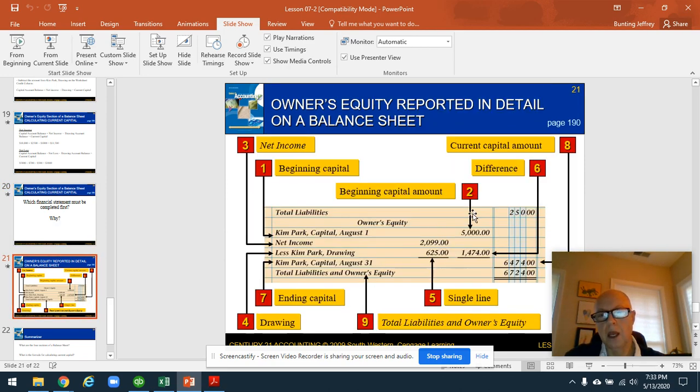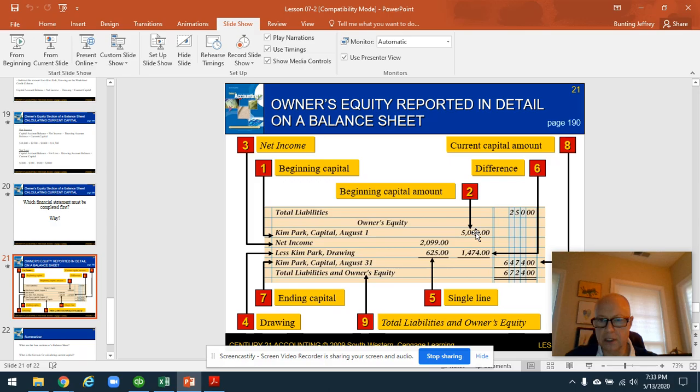All right. So again, here's the owner's equity report, and this shows the math. If you think you're gonna get confused and you're not going to remember, maybe you prepare the owner's equity section this way. So here's the starting capital balance as of the beginning of the month. Net income for the month, okay, 5,000 plus 2,099 minus drawing, minus 625 equals this.